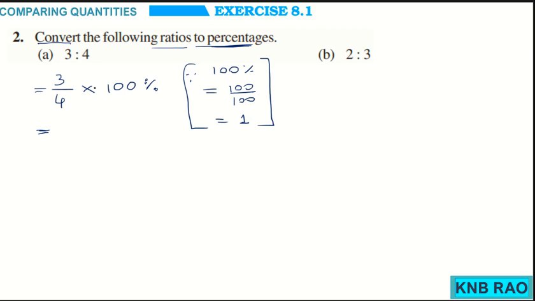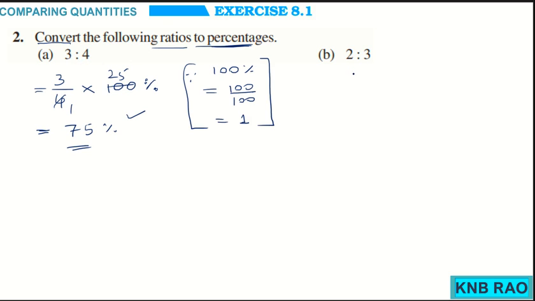So 3 by 4 remains as it is. Now 4 ones are 4, 25s are, so 3 into 25 becomes 75. 75 by 1 is 75 only.